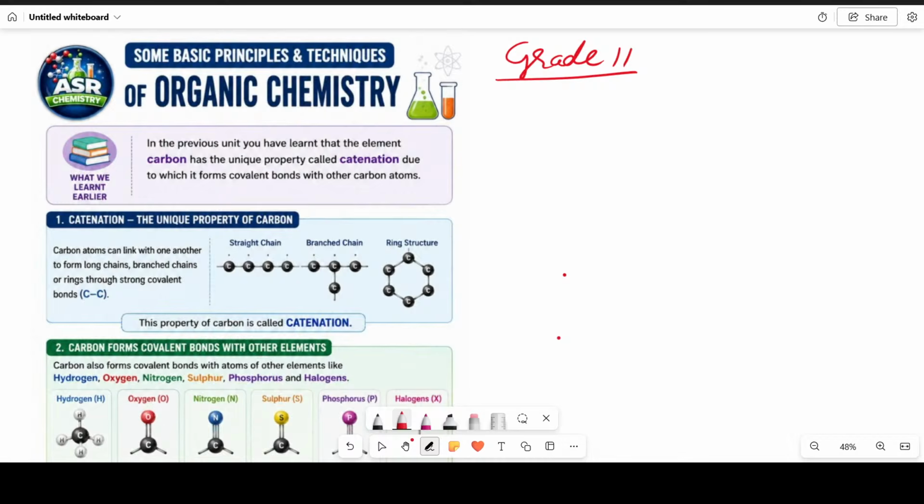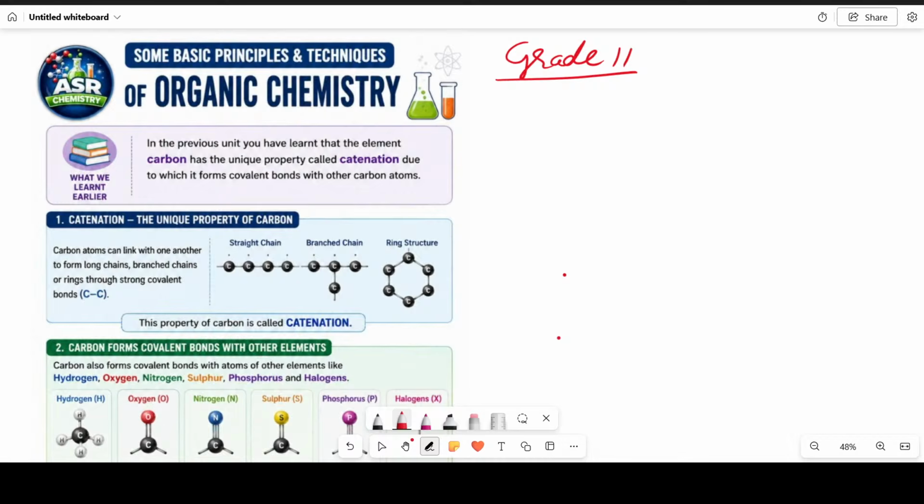Now what are organic compounds? The carbon-containing compounds are called organic compounds. Carbon has the ability to form an enormous number of compounds that are essential for life and daily life applications.